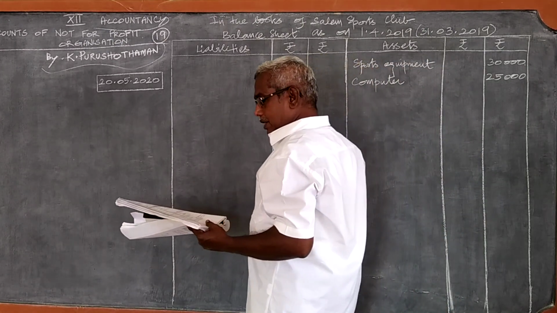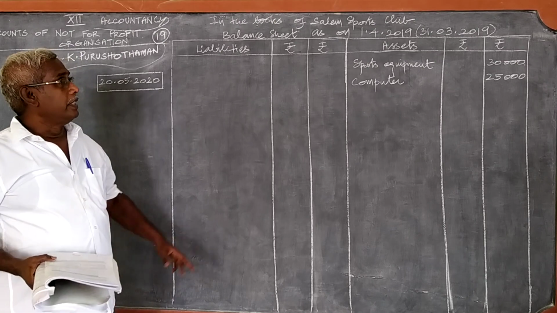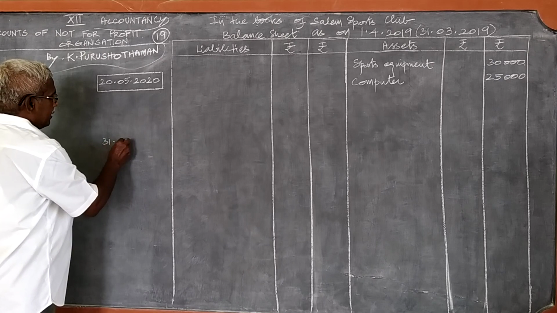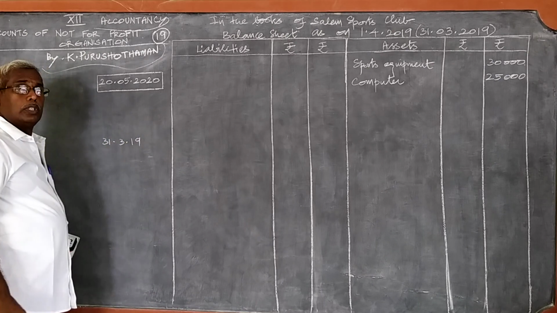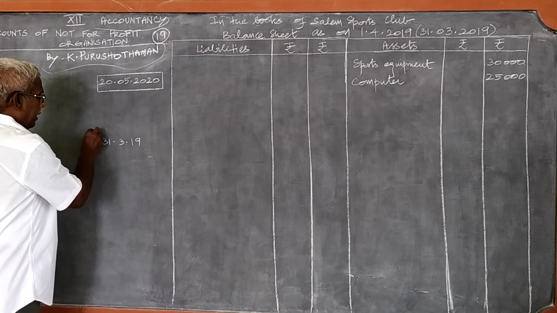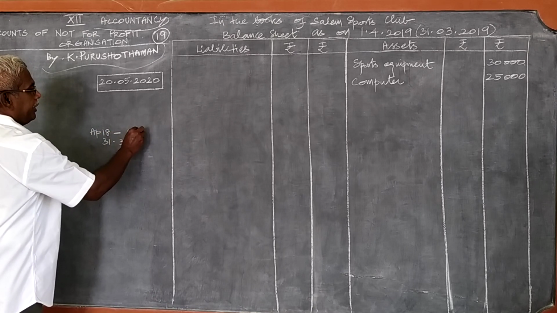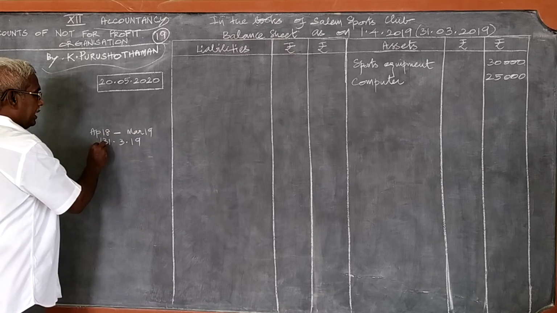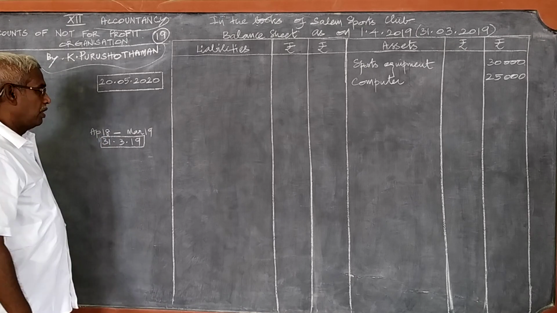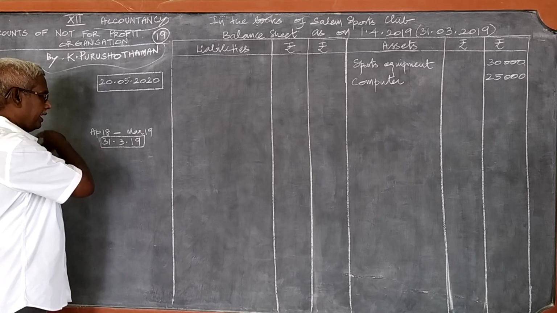Then subscription outstanding for 2018-19. The date I have mentioned there is 31/3/19. So the account should have been started in April 18 and then it ends in March 19. This is the meaning of the last date of the account, 31/3/19. The account's preparation is ending on this date.